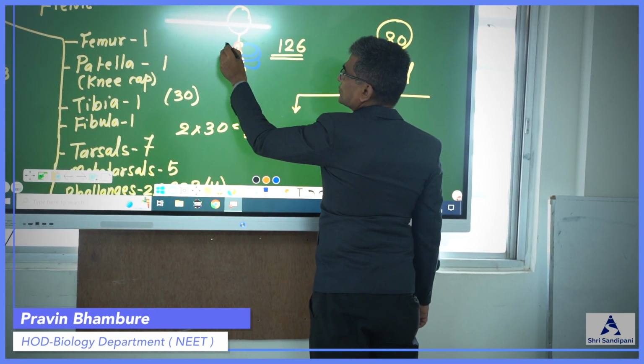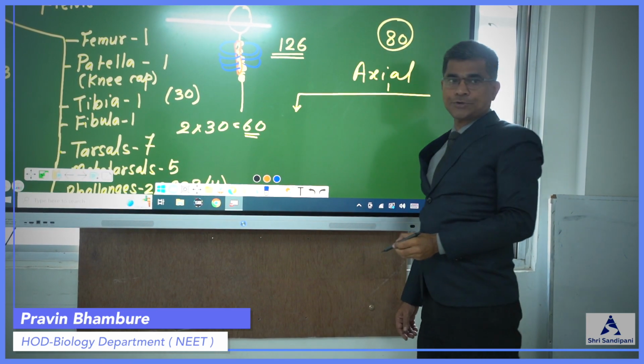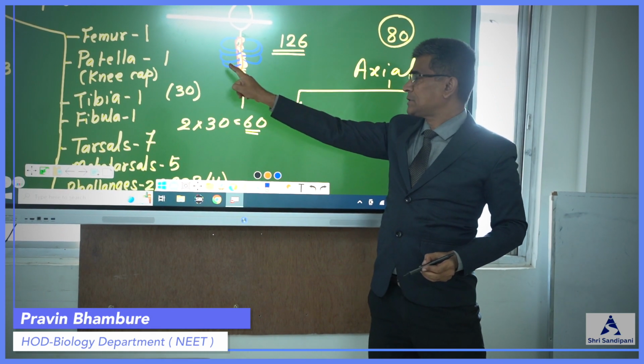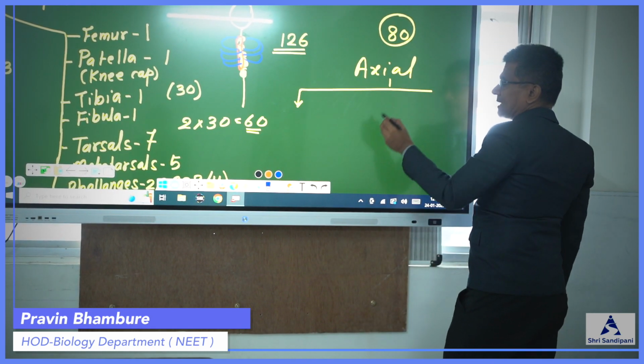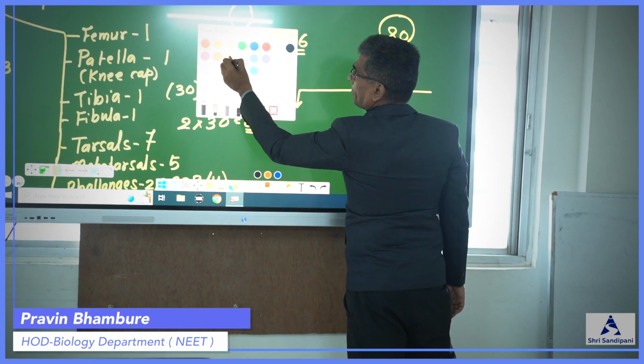So there are ribs, 12 pairs of ribs we have. So skull, vertebral column, sternum and ribs together constitute this skeletal system.